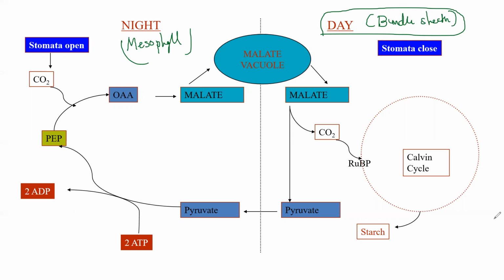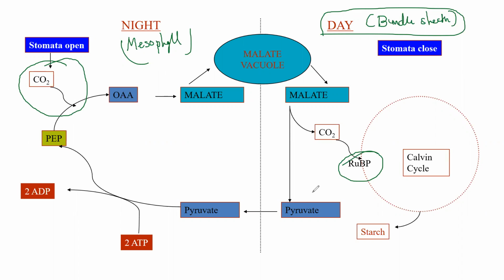Once I have seen a question that in CAM plants, when decarboxylation occurs, the options are during day, during night, both day and night, right? So the correct answer is both day and night. Okay, you see, during night, carboxylation is happening, right? And in the Calvin cycle also carboxylation is happening.